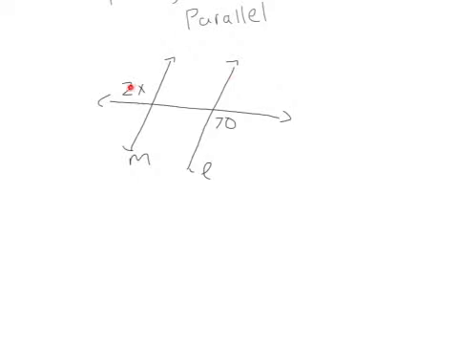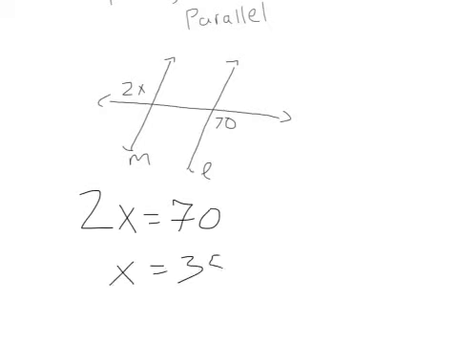So since I know these are alternate exterior, they should be congruent. So all I have to do is say 2x is equal to 70, which will give me x equal to 35 when I divide by 2. So I know that x has to equal 35 for these to be true.